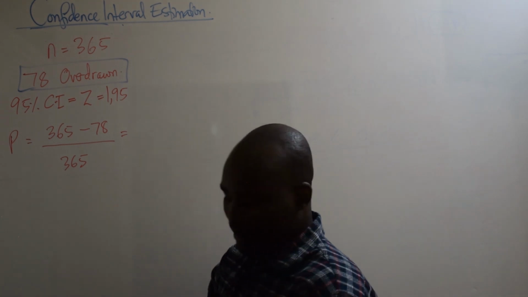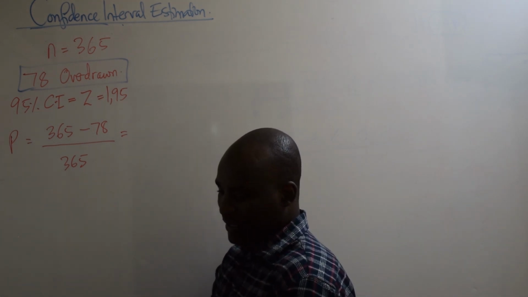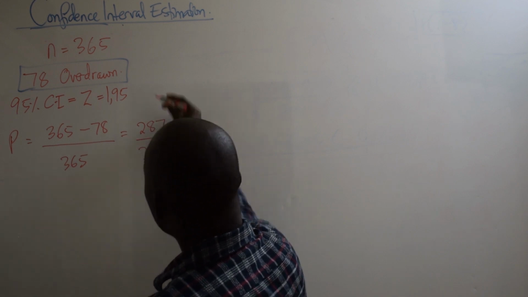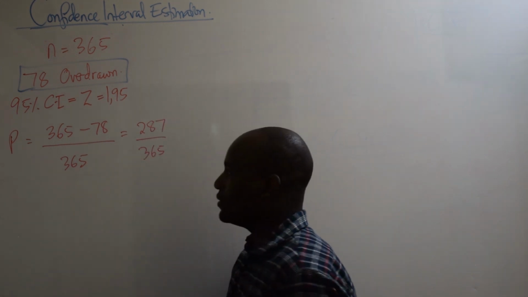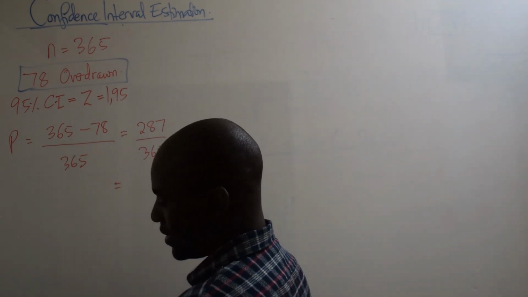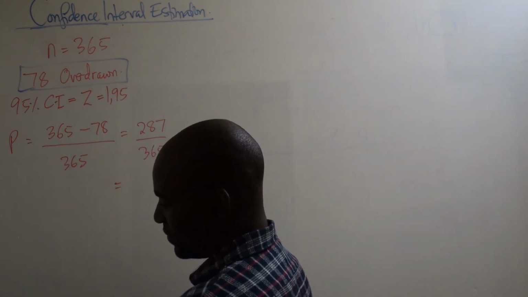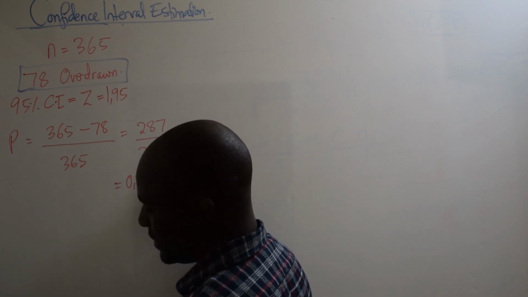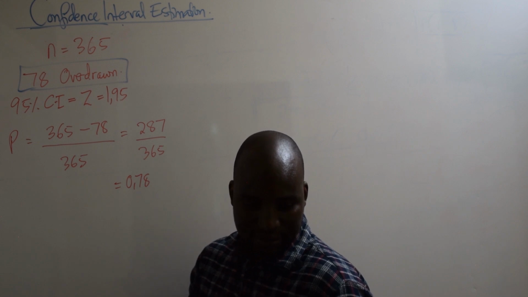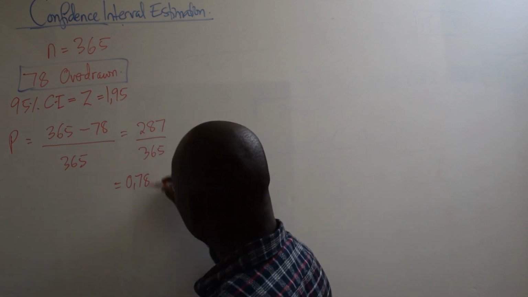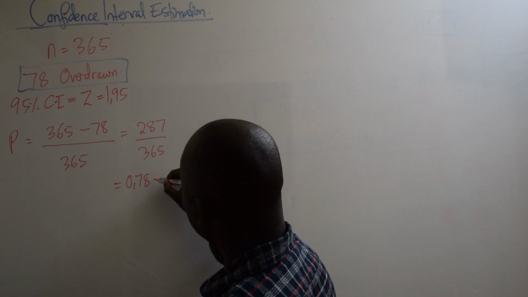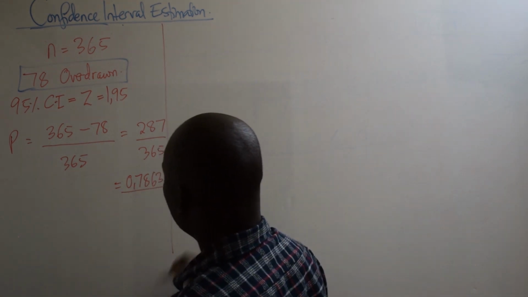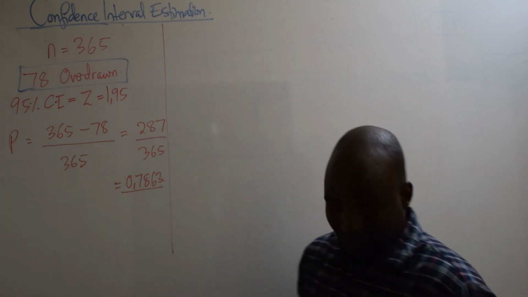This would give us our fraction. 365 minus 78 would be 287. 287 over 365. This is the proportion that we are supposed to be working with, and this divided by 365 would give us a fraction of 0.78. It has been said how many decimals here, so we're just gonna use the 863. Let's use it with the 4 fractions, and then we are going to put in the formula.